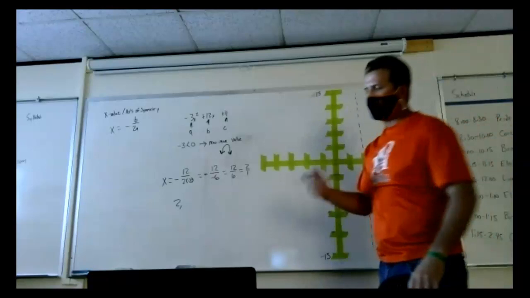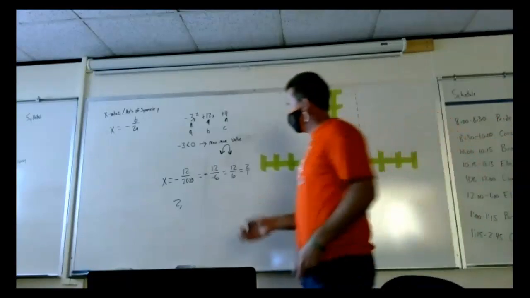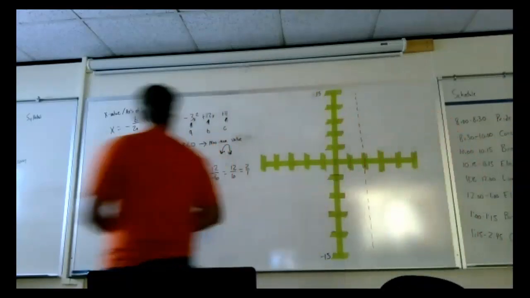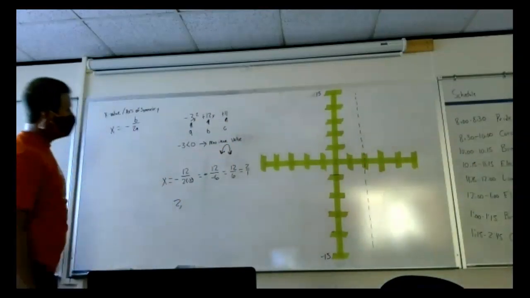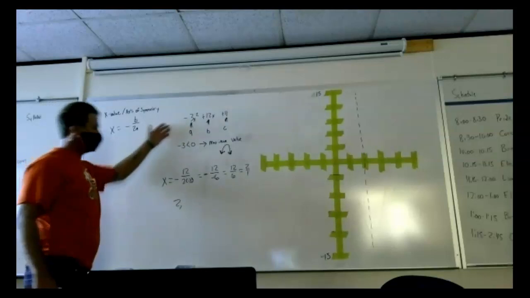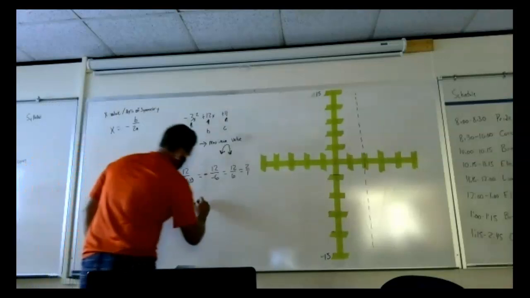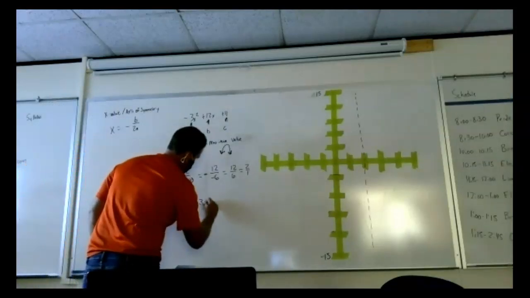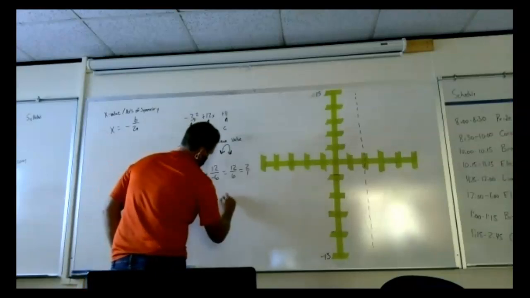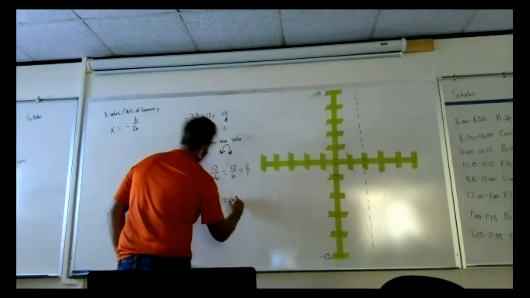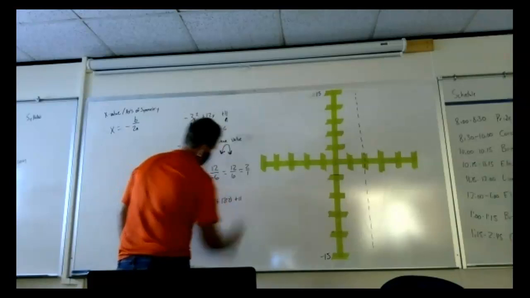Okay, but I'm not done yet. I found my x value. Now I have to try and find my y value. In order to find my y value, I have to plug 2 into my original equation. So I have a negative 3 times a quantity of 2 squared plus 12 times the quantity of 2 plus 11.